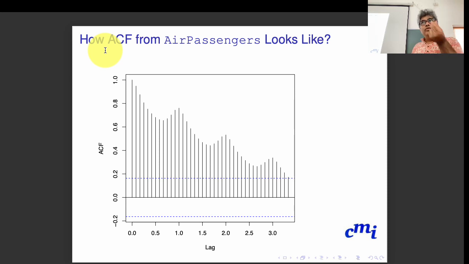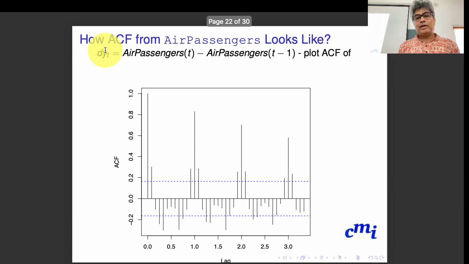It won't necessarily always happen, but if it is a linear trend, one consecutive difference will remove your trend part. Then it becomes a mean stationary process. Now you have only the seasonality part, and that seasonality is getting picked up here.